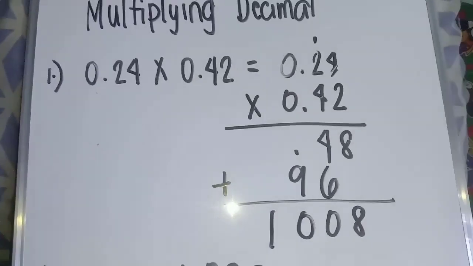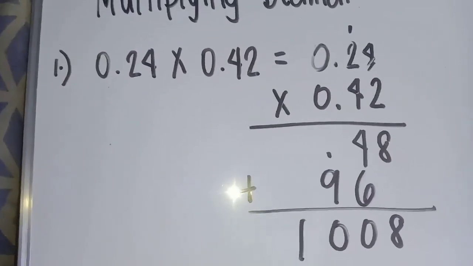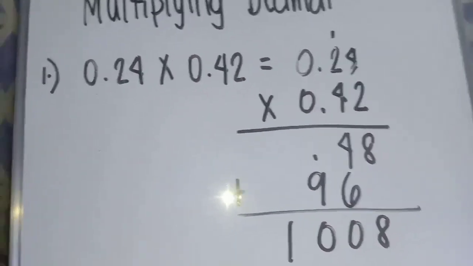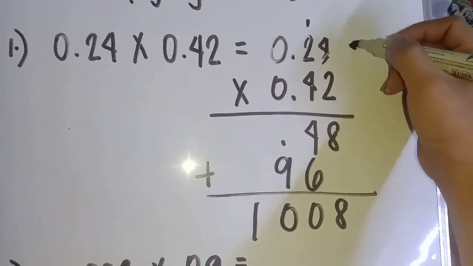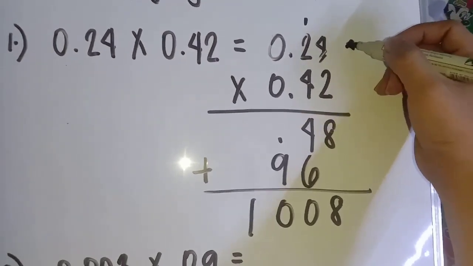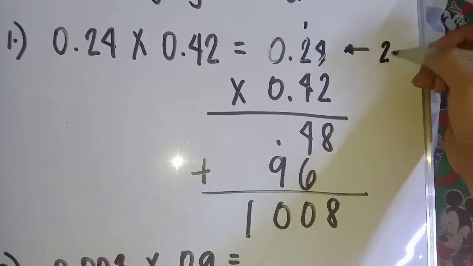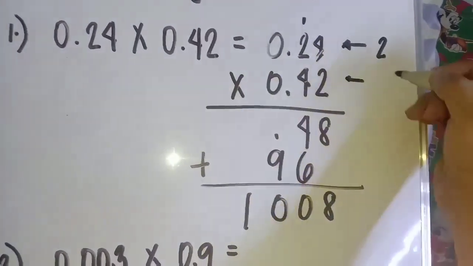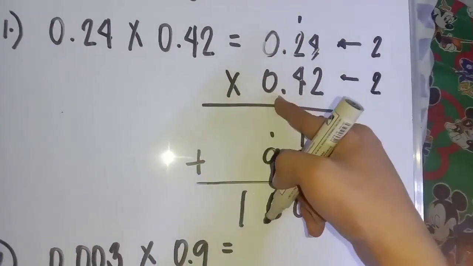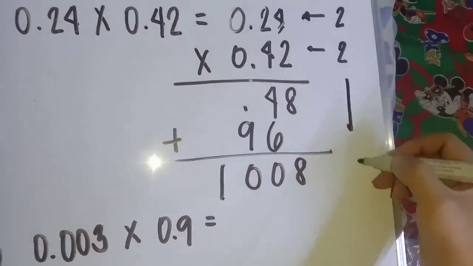Now, yung magiging problem lang siguro natin dito is kung saan natin ilalagay yung decimal point. So from our given, we need to count the number of decimal values na meron tayo. So we have 4 and 2, so we have 2. At yung pangalawa natin, we have 2 decimal values. Then we will add 2 plus 2 is 4.